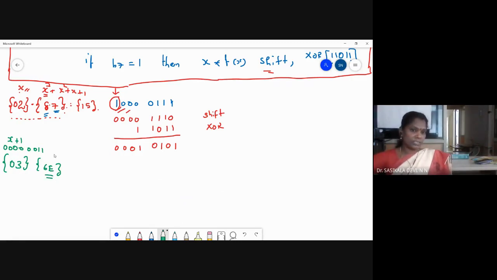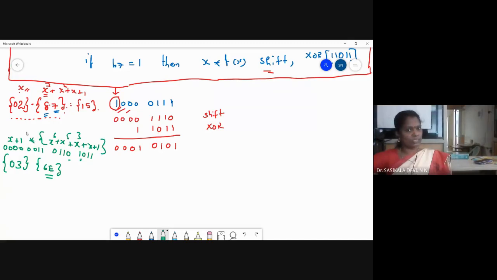The other polynomial, 6E, will be converted into binary: 0, 1, 1, 0, and E is 1, 1, 1, 0. So this polynomial is x power 6 plus x power 5, then the x power 4 term, the x power 3 term, and so on. We need to multiply x plus 1 into this.